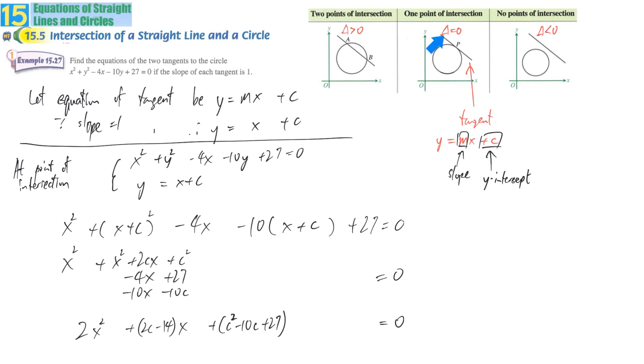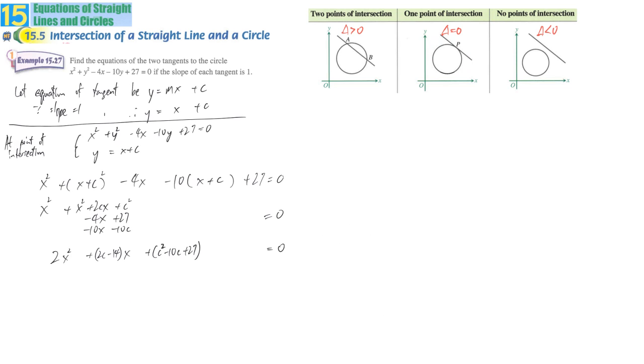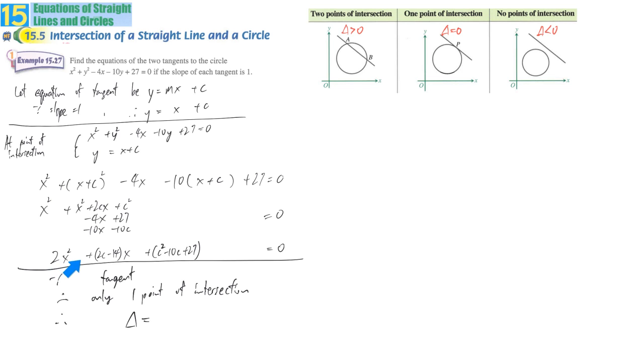Now we can use the fact that because it is a tangent, there is only one point, which means delta equal to 0. Therefore, delta of the previous quadratic equation is equal to 0, only one repeated root.